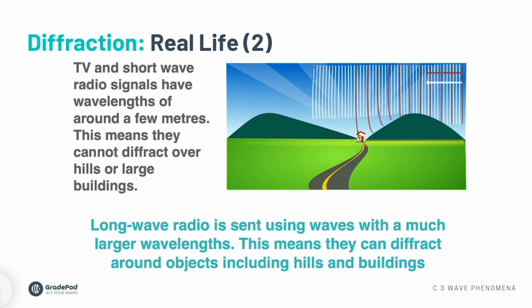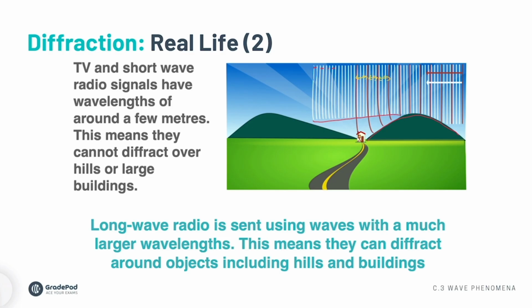A small wavelength and a large obstacle means that the diffraction doesn't happen as much. So if your house is behind a hill and you're listening to a high frequency radio station, it's highly unlikely that you will receive that station. If you choose a lower frequency radio station, then the lower frequency radio waves have longer wavelengths.